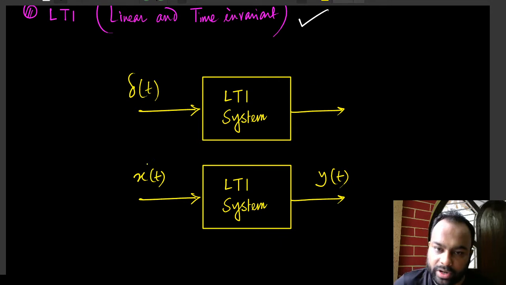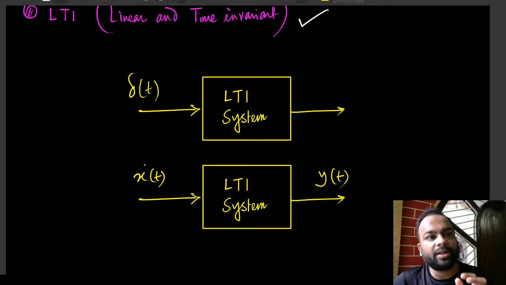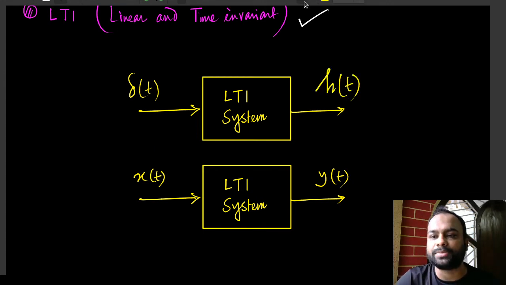And I taught you about the unit impulse. Unit impulse signals are very special signals, and those can be considered to be the derivatives of unit step signals. We discussed many of their properties. But if we excite a system with a unit impulse signal, then the response we get is often called the impulse response.